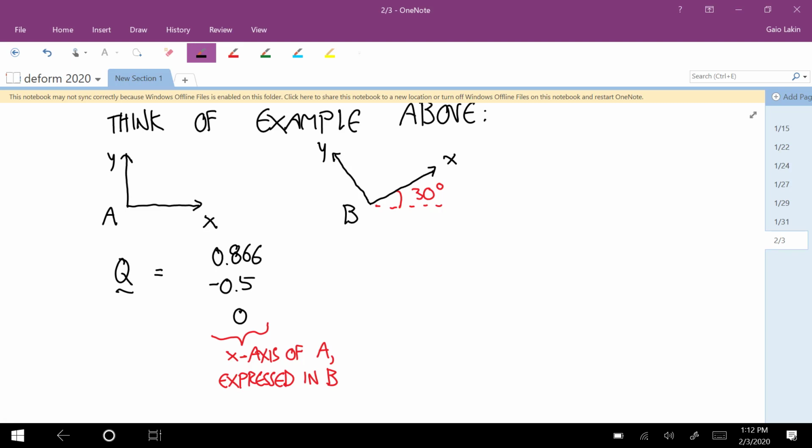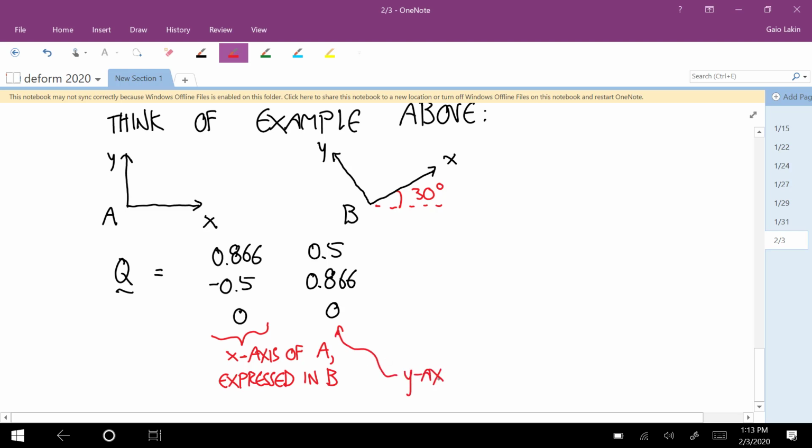That's going to be positive 60. So positive 0.5, positive 0.866, 0. So that's the y-axis with all the other.